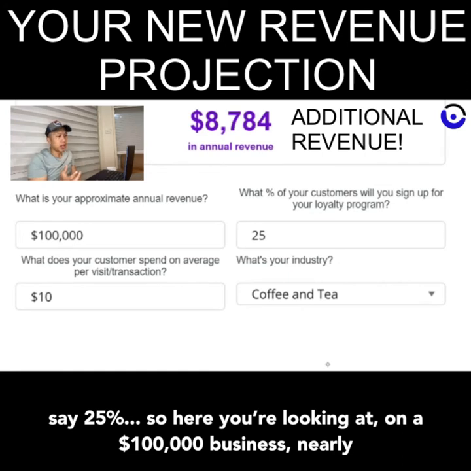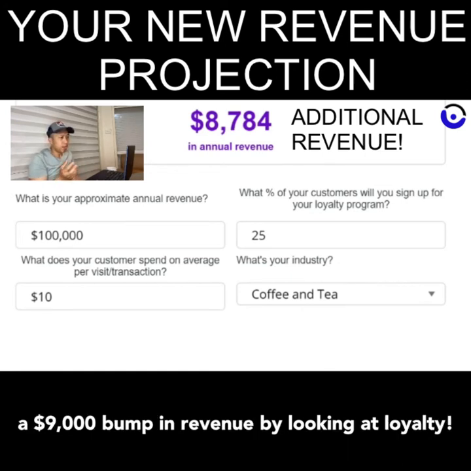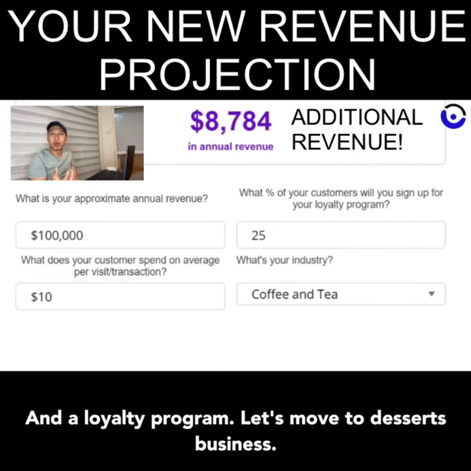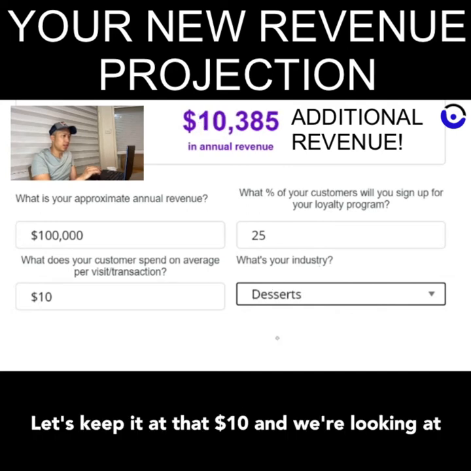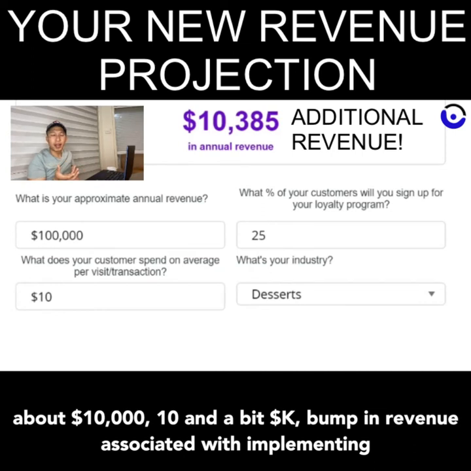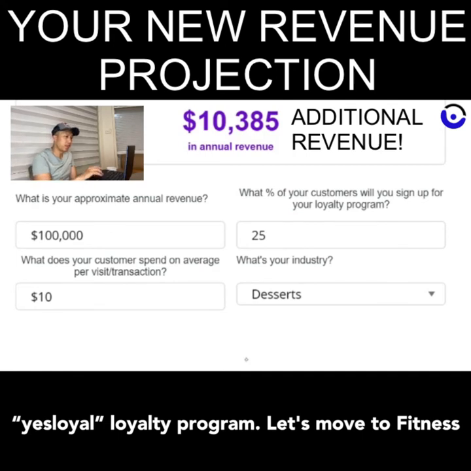So here you're looking at nearly a 9K bump in revenue by looking at a loyalty program. Let's move to desserts business. Let's keep it at that $10, and we're looking at about 10 and a bit K in bump in revenue associated with implementing the yesloyal loyalty program.